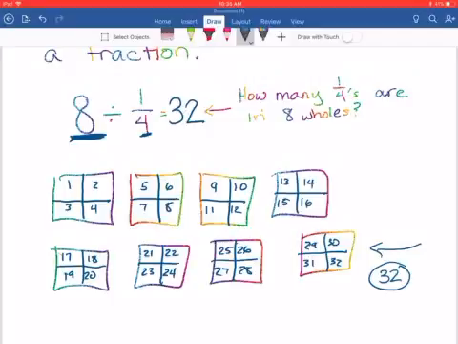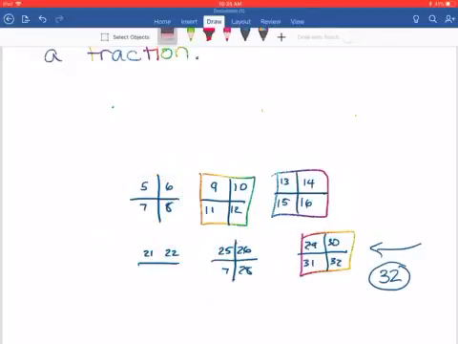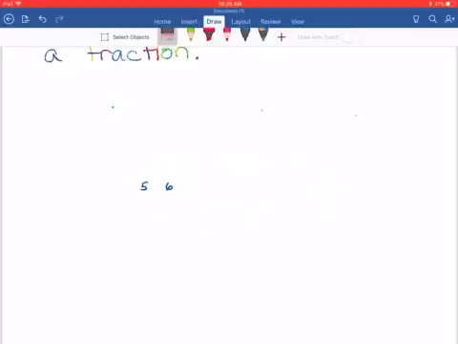Okay. All right. I'm going to do one more that is maybe a little bit different. So we're going to erase this out, because you might run into something, what happens if there's leftovers? So let's talk about your leftovers.